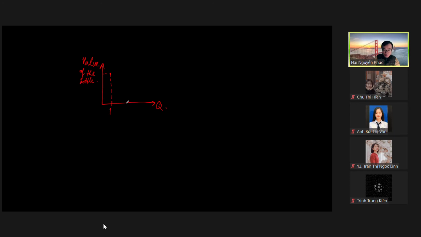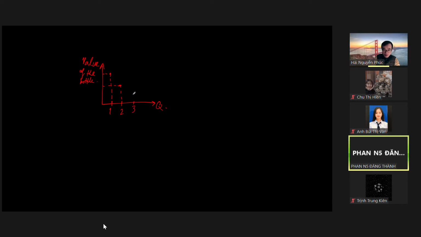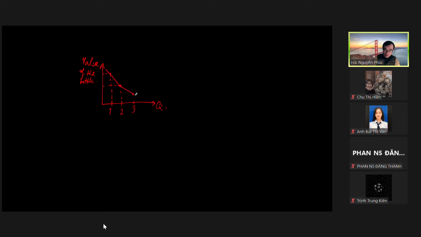For the second one, it will give you a lower marginal benefit. For the third one, it will give you even lower. If we connect the dots, we get a curve, and it is the marginal benefit curve.